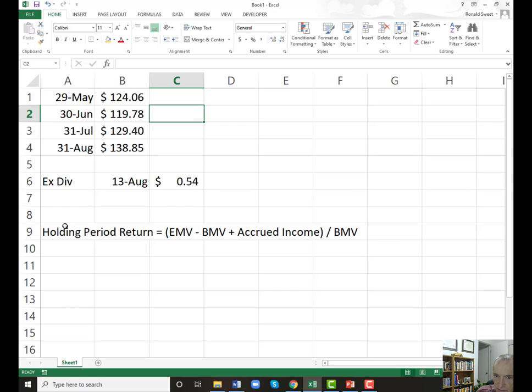For June, I'll just show you the formula. So we have 119.78 minus 124.06. And since the dividend went ex in August, our accrued income is 0. We don't have any. We divide that by 124.06.